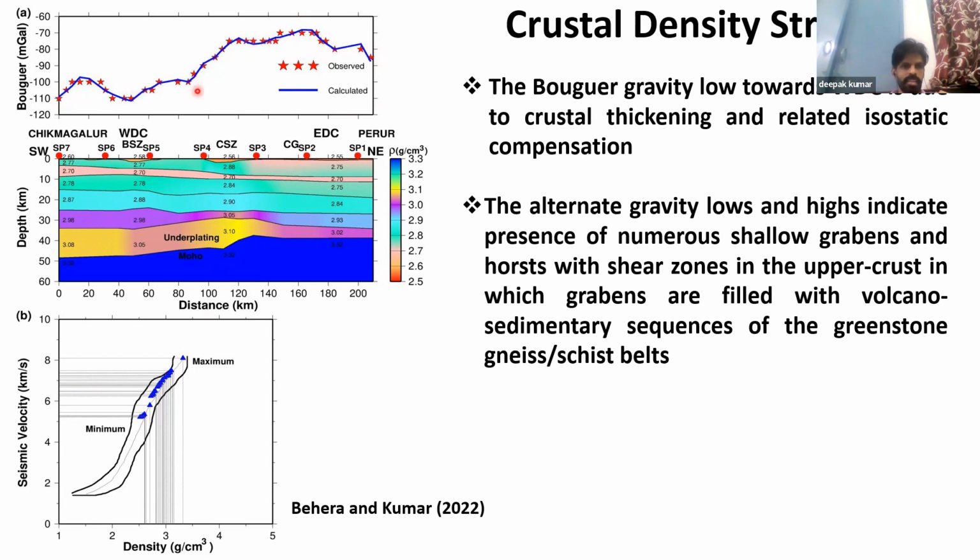And as I said, there's a sharp change in the Bouguer gravity anomaly, demarcating the presence of the Chitradurga shear zone, which is present here. Also there is a sharp change in the Bouguer gravity anomaly here, so that means another shear zone is present here. And see, granites generally have lower density, but we see a high here.